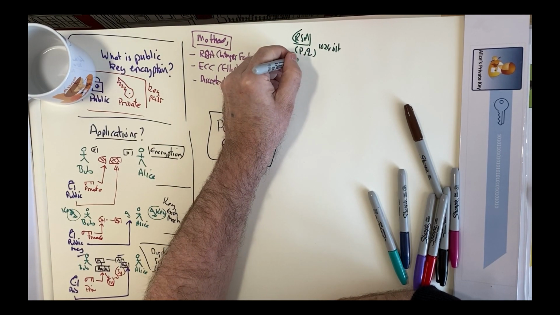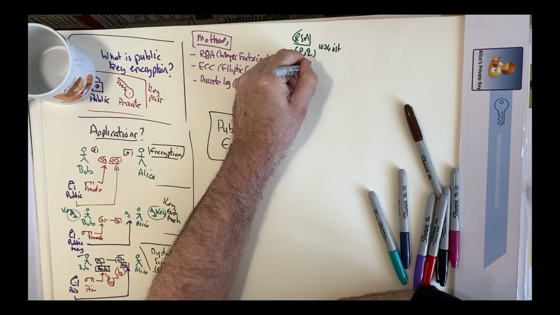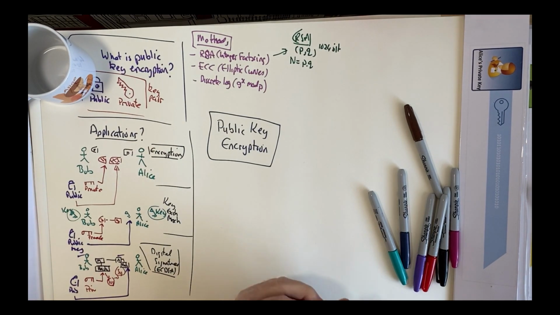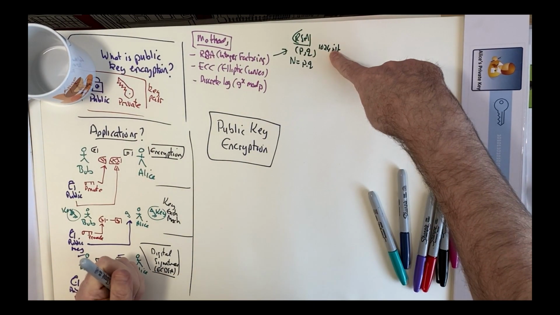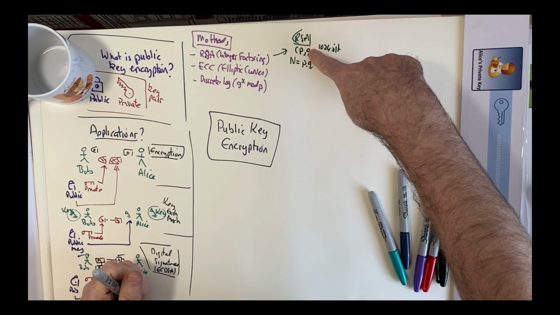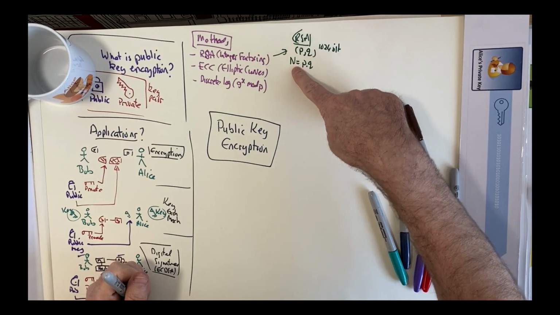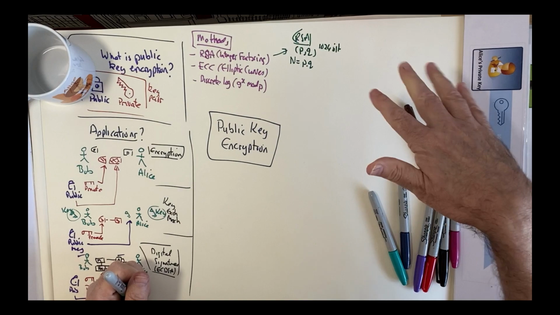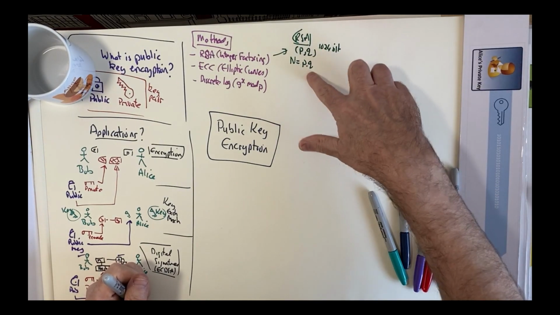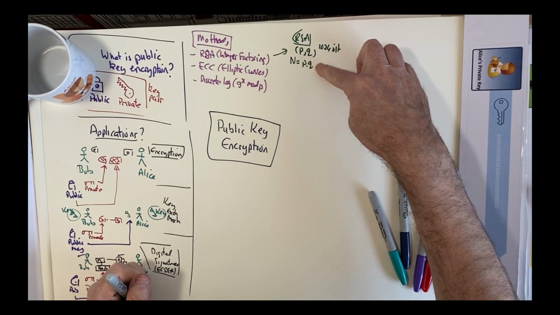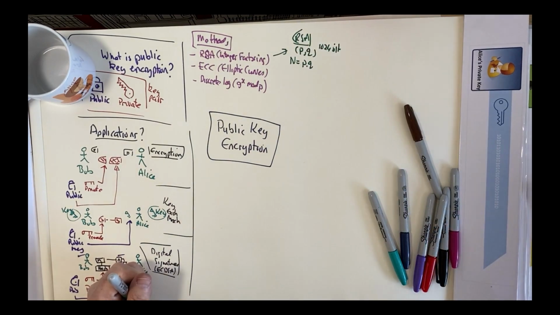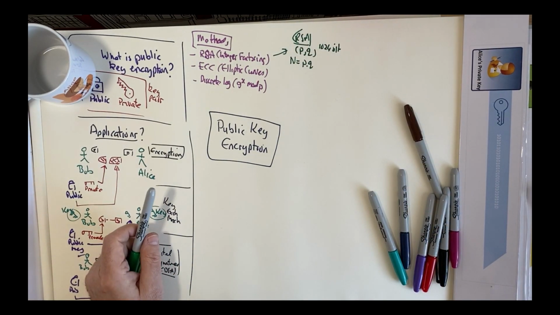And we create what's called a modulus, and that's P times Q. So if we have 1024 bit primes, then we have a 2048 bit modulus. So when we talk about 2048 bit RSA, we're talking about two 1024 bit prime numbers multiplied together.